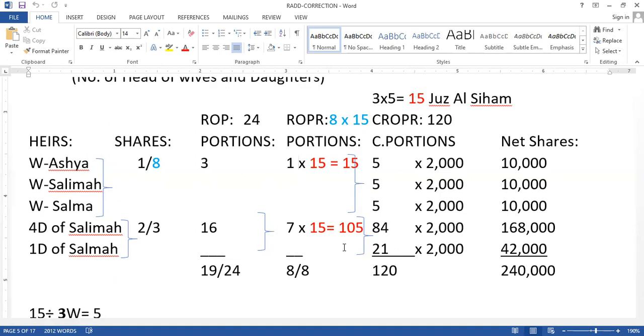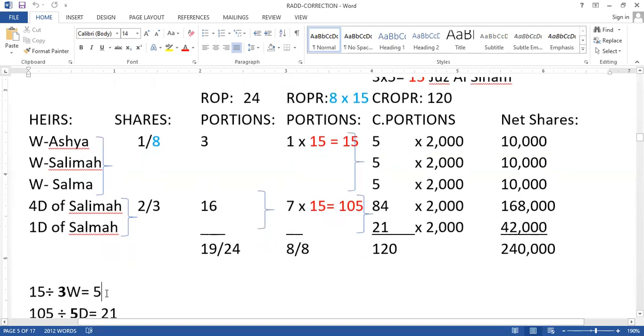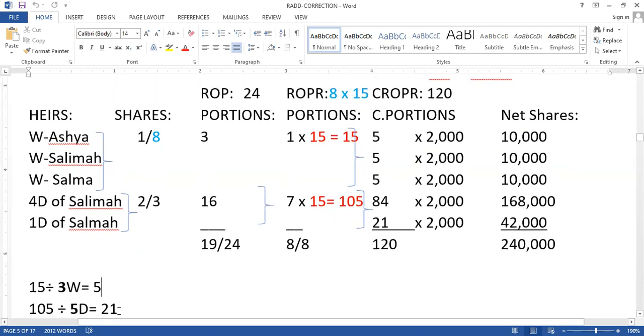So in this case is no need for solution B because mag-isa lang yung group of sharer na nandiyan. Now, titingnan natin, is 15 divisible by 3? Pwede, no? Kasi 15 divided by 3 wives is equals to 5. 105, is it divisible by 5? So 105 divided by 5 is equals to 21. So meaning, divisible sila. Okay?